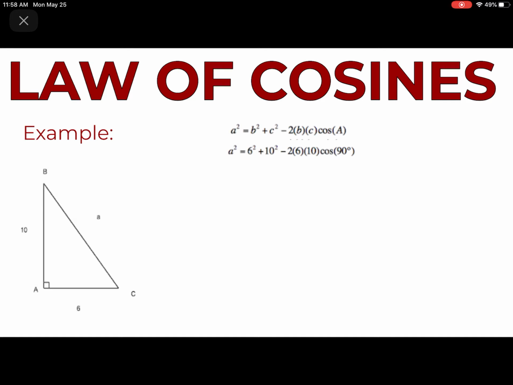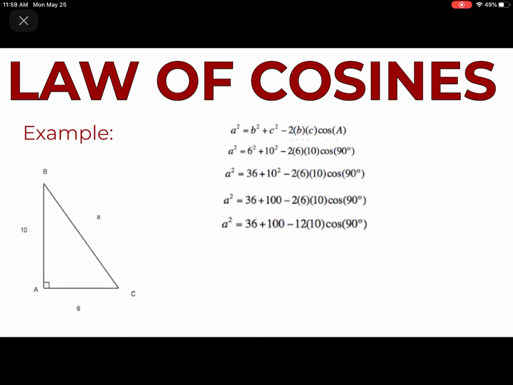Okay, I'll start plugging things in. A squared equals 6 squared plus 10 squared minus 2 times 6 times 10 times cosine of 90. A squared equals 36 plus 100 minus 2 times 6 times 10 times cosine of 90.